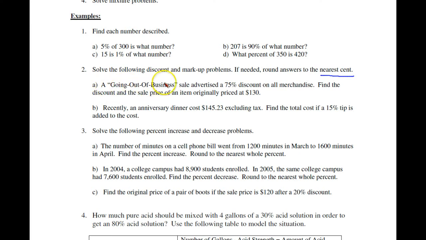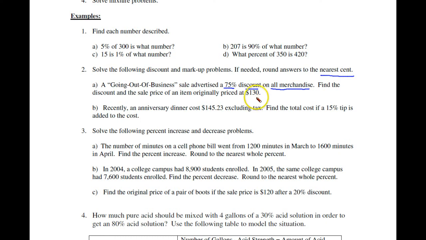So, a going out of business sale advertises a 75% discount. Wow. So you're only paying 25% of the actual original price. Find the amount of the sales price of an item originally priced at this. Okay.